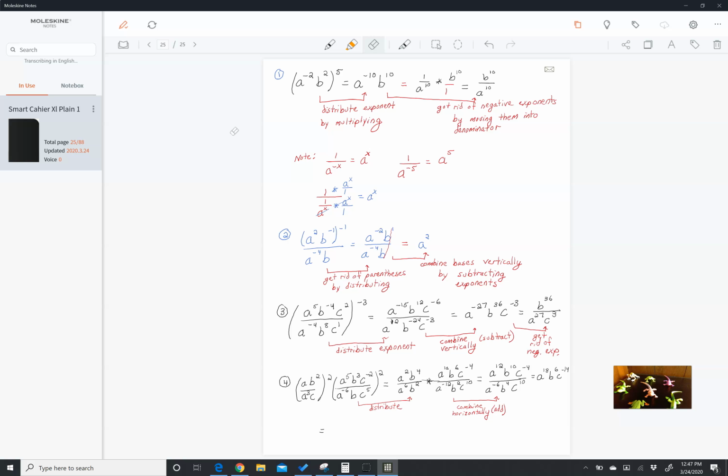And our last step is to get rid of those negative exponents. So the only negative exponent here is the 14. So the c to the negative 14 is going to go on bottom. So our final answer is a to the 18, b to the 6, over c to the 14. So we combine horizontally, then we combine vertically.